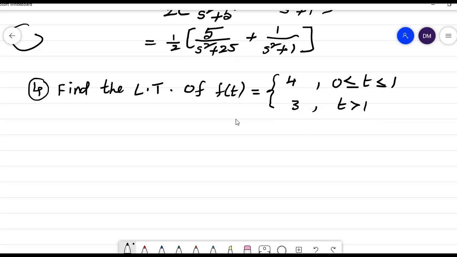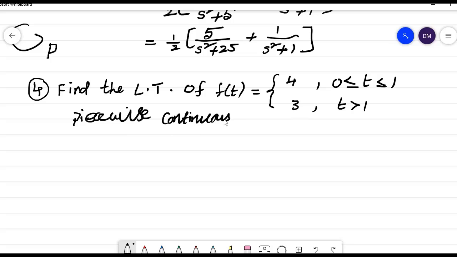Means here the function is piecewise continuous. In the range 0 to 1 the nature of f of t is different, and in the range 1 to infinity the nature of f of t is different.